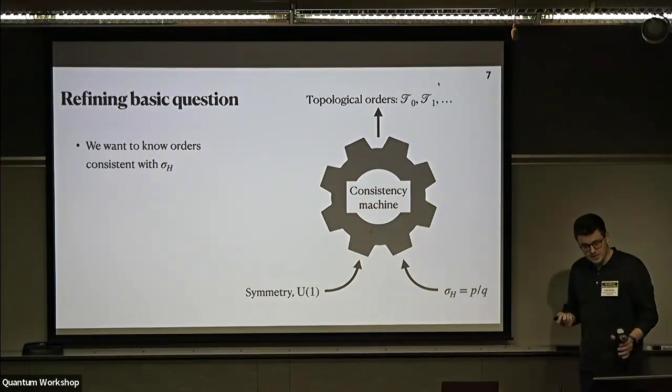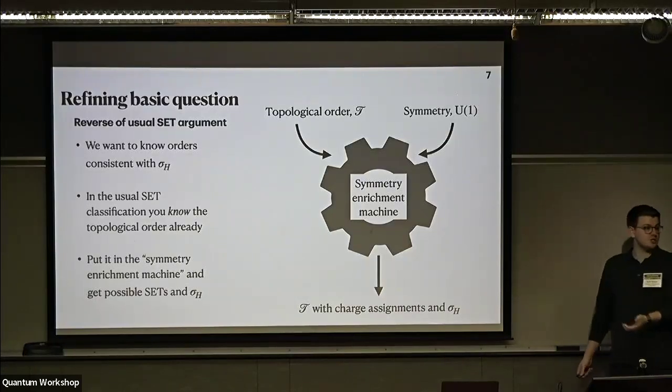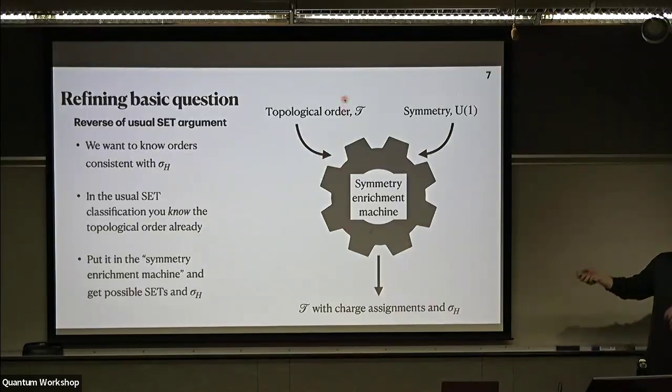The reason I put this up here is that people who are familiar with traditional symmetry enriched topological order are familiar with running this machine in the opposite direction. They already know they have a topological order, maybe it's U(1) level 3, maybe it's Ising anyon. You give me the topological order you already know and say it has U(1) symmetry, and you put it into the symmetry enrichment machine. Notice it's running in the opposite direction.